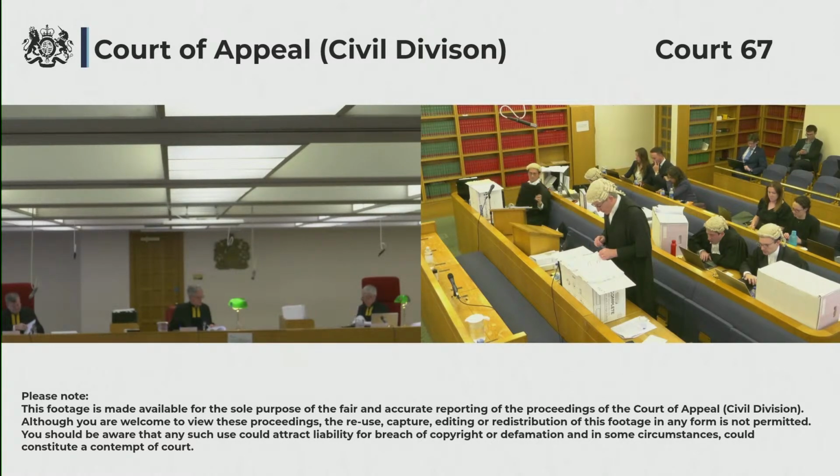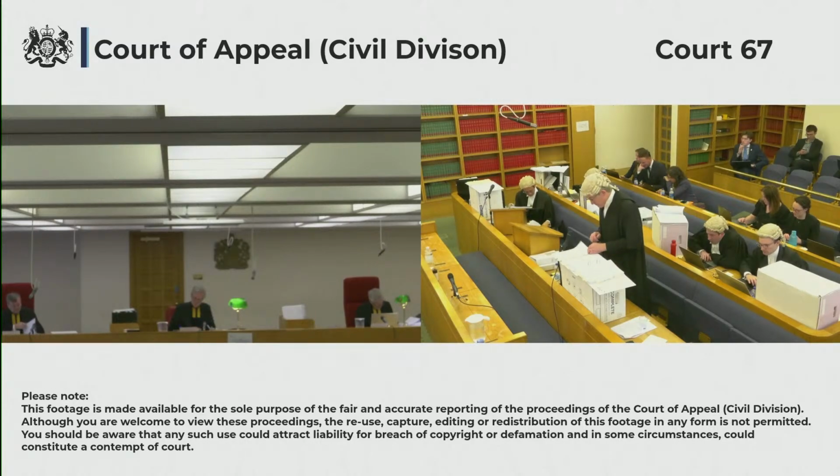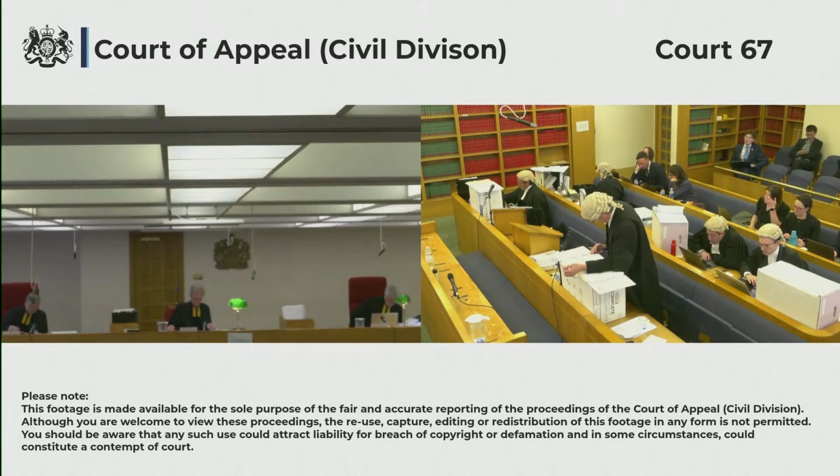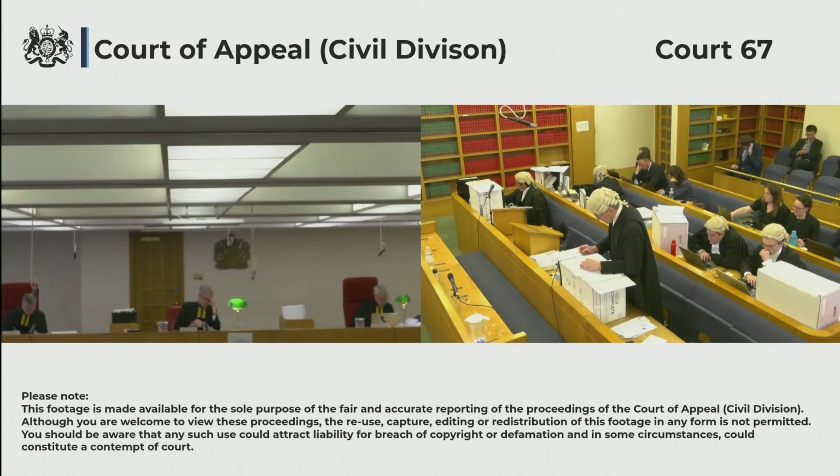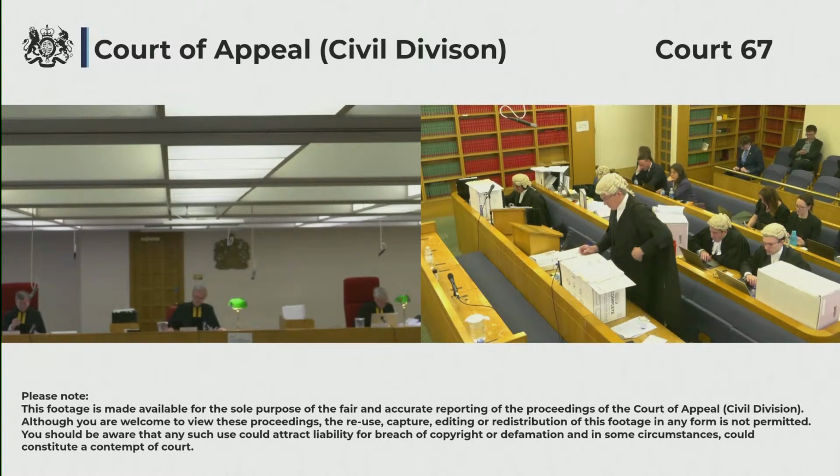This is the order made by the main judge following the consequentials hearing. And page 285, please. One sees at the top of page 285 paragraphs 1 to 3 of her order. Paragraph 1 deals with claims originally brought in the names of deceased persons, and she orders that these claims brought in the names of persons who were deceased when the claims were issued or when the claim was added are struck out.